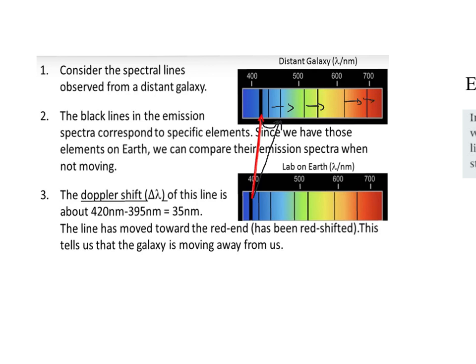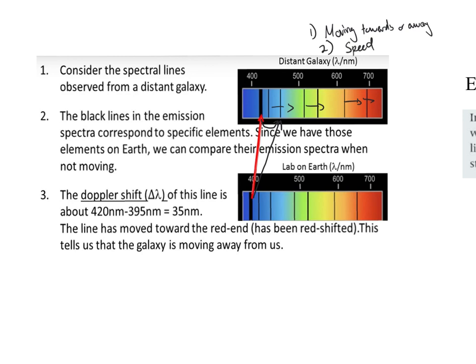So that's an important distinction to include in terms of what you can actually gather from the absorption spectra. You can gather two things: whether a galaxy is moving towards or away. It's actually three things. You can figure out whether something's moving towards or away from you. You can also figure out if it's moving away from you faster than another one, so the speed at which it's moving.